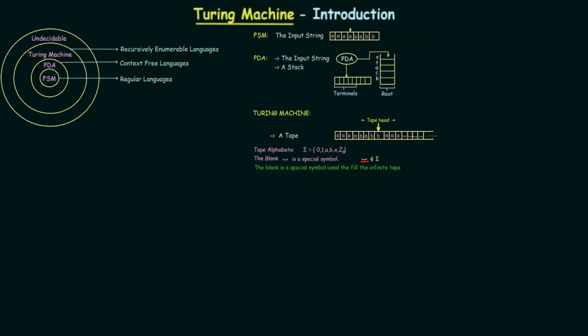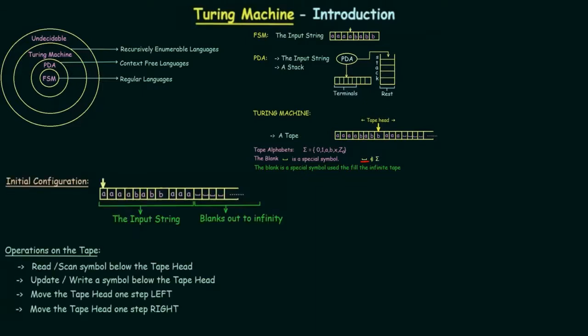The blank symbol just fills the tape wherever that memory is not required. What is the difference between the blank symbol and epsilon, or phi, the null? The only difference is that the null or phi can belong to the input string, but the blank symbol will never belong to the set of alphabet or set of input strings.